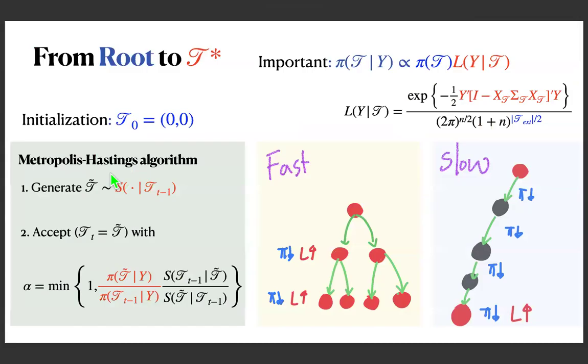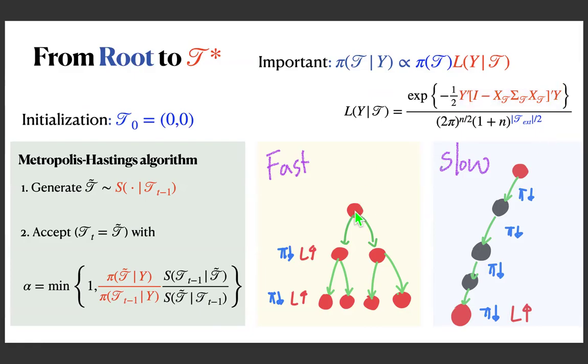In our MH algorithm, what is really important is the acceptance rate, and this acceptance rate is affected by the posterior ratio. If the newly proposed tree has a higher posterior, it will be more likely to be accepted. And how is the posterior computed? It is proportional to the prior and likelihood, where both have a size penalty of the tree, and the likelihood increases when there is extra signal that is explained.